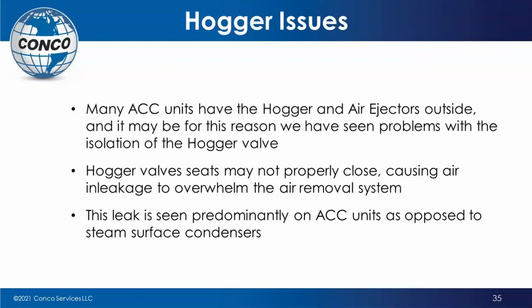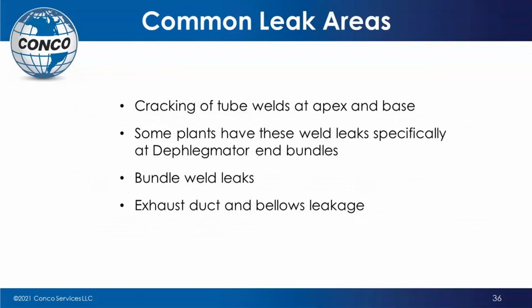Over time, that seat becomes bad and doesn't sit properly, and so you get a leak in through the hogger system. That is enough to overwhelm the air removal. So that's a place that we look at quite often, and the place that you should know is a viable leak.